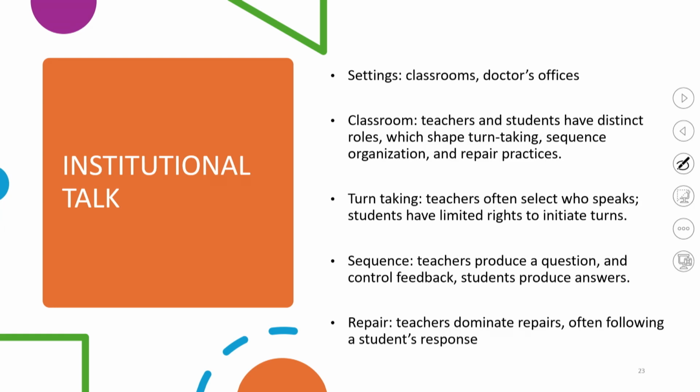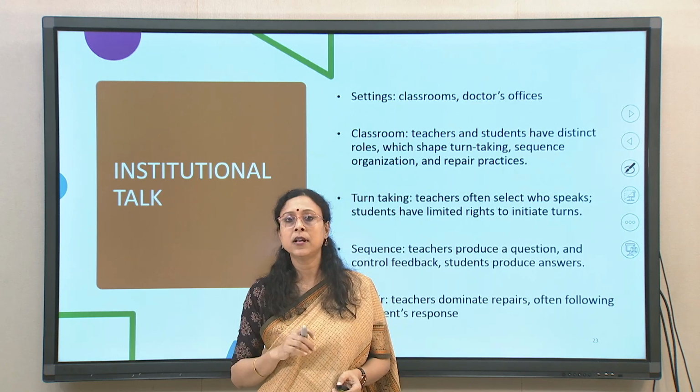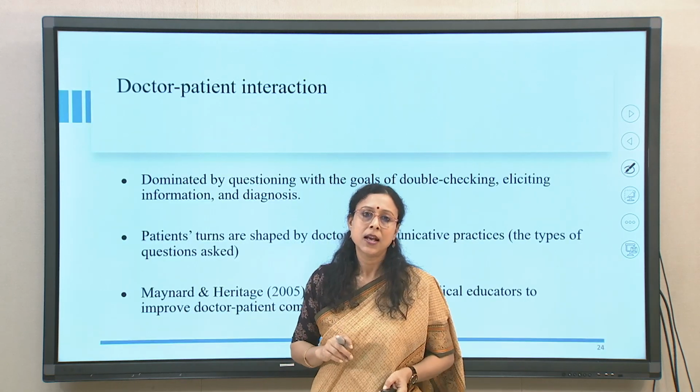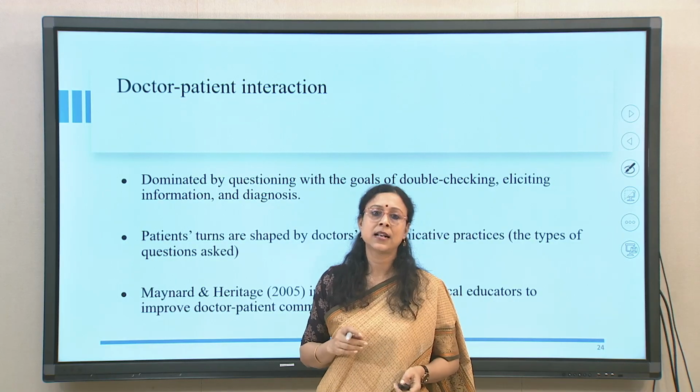From setting to setting they might be different, but each of these settings does have all of these things. Turn taking will be there, adjacency pair will be there, chaining effect will be there, repair structure will be there. Only within each of these categories there might be some differences depending on what the setting is.